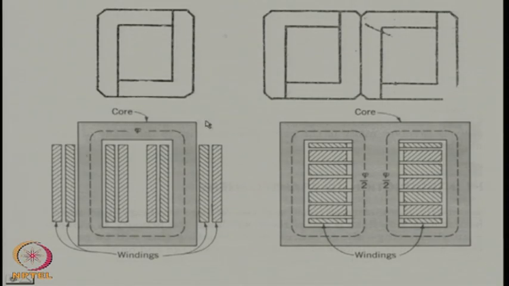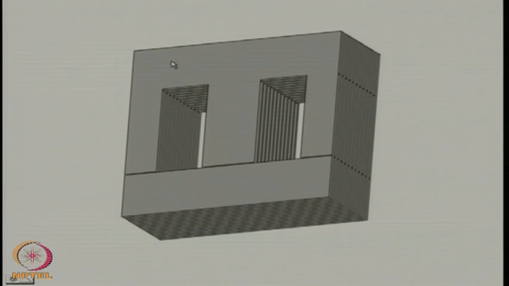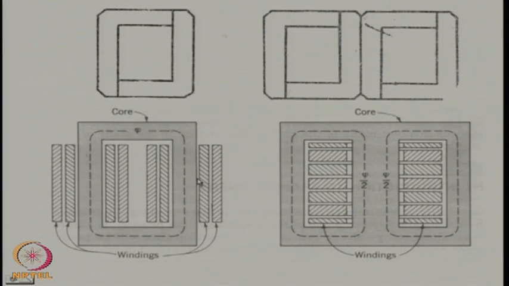Now, this shows the different types of laminations that can be used. Here we should say that this is just one shape of the core. There are basically two types of core that are used with single phase transformer. One is called the core type, another is the shell type.